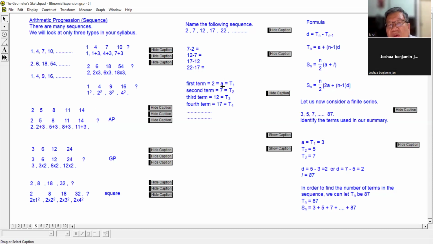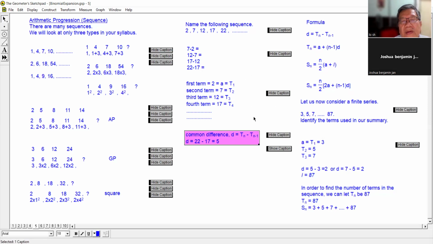So similarly, we can call the first term T1. T1, T2, T3, T4 are the first term, second term, third term, and fourth term. And especially for the first term, we give it another special symbol called A. So the first term has two types of symbol, A or T1. Both of them are the first term. Right?